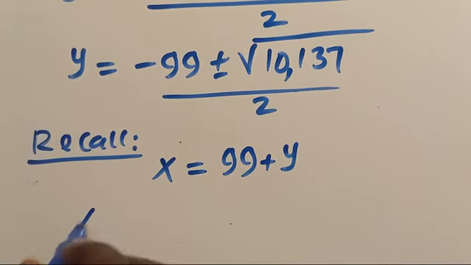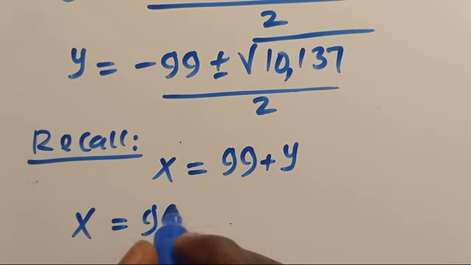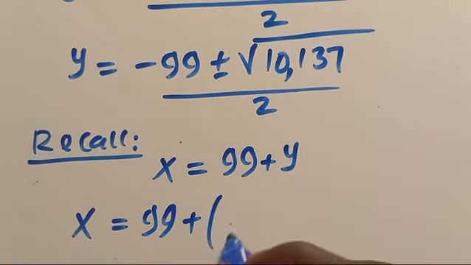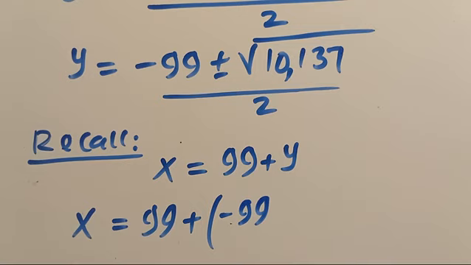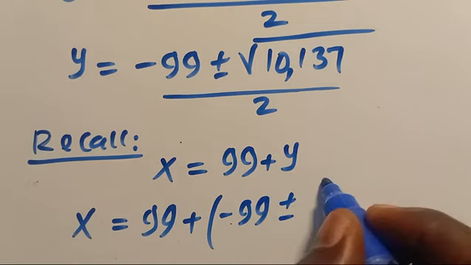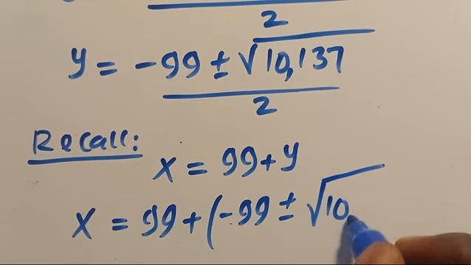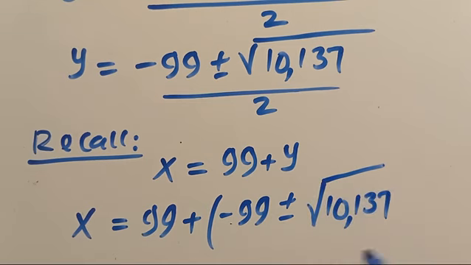So we have x from this side to be 99, then plus our y, which equals minus 99, positive or negative, root of 10,137 over 2.